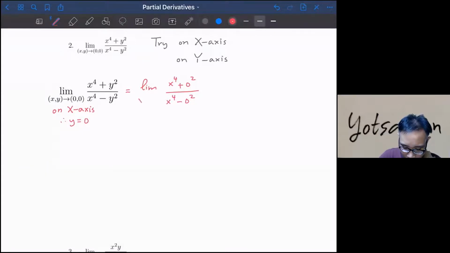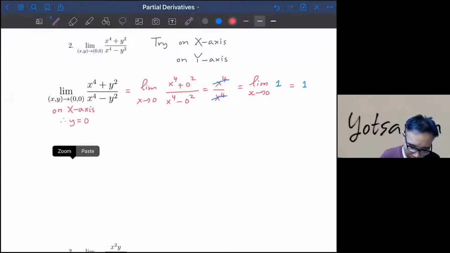You see that you have no y, so it's just the limit as x goes to 0 of x to the fourth over x to the fourth. We cancel them, so it's going to be 1. So this limit turned out to be equal to 1.